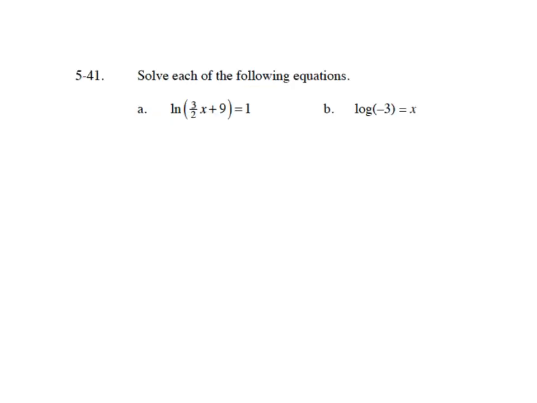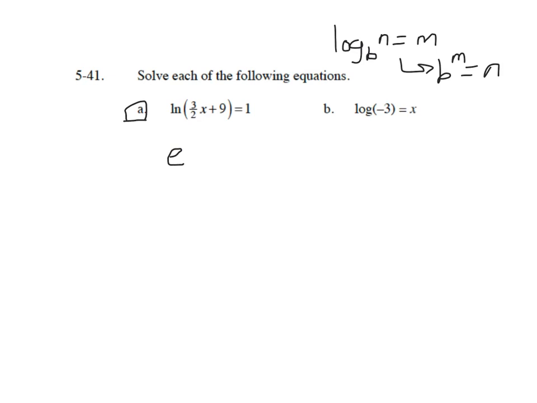So now in 41, they want us to try to solve the following equations. So let's employ our definition. Just as a reminder, log base b of n equals m means b to the power of m has to equal n. So in part A, ln means my base is e.